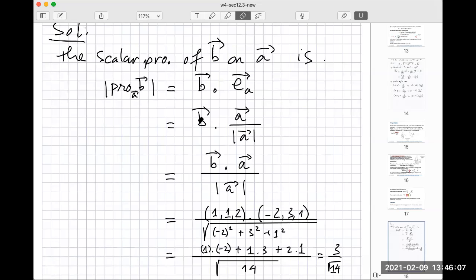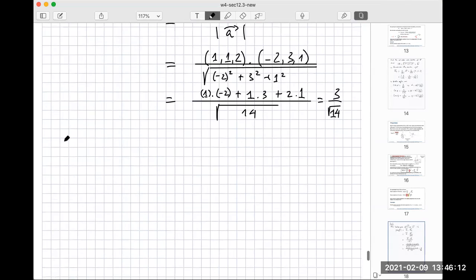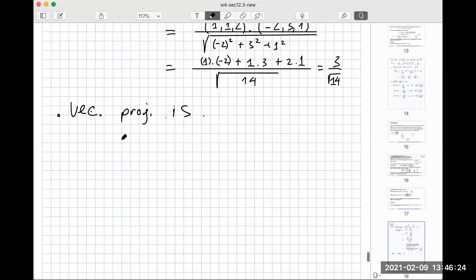And now the vector projection of this guy. It will be, let us call it the vector L, or yeah, projection of B on the vector A. It will be the magnitude of this, right?